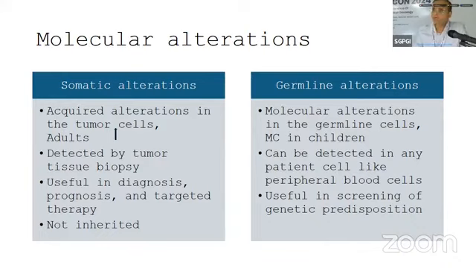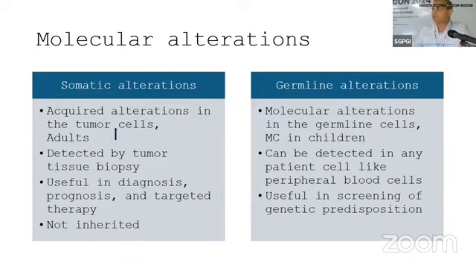Germline alterations, while, are present in all the cells of the body, so they can be utilized to identify those patients who have genetic predisposition syndromes. Germline alterations are useful for diagnosis, prognosis, and targeted therapy, but also to diagnose genetic predisposition syndromes and for screening purposes.